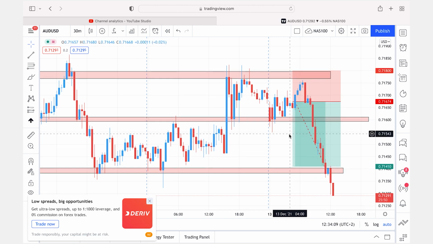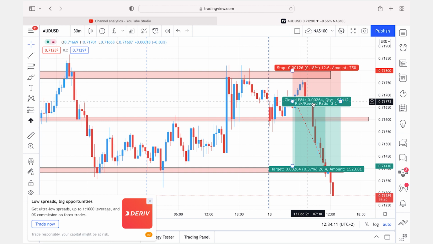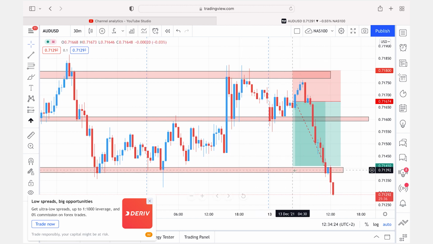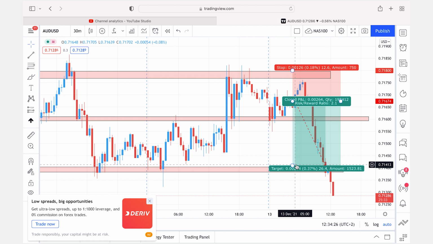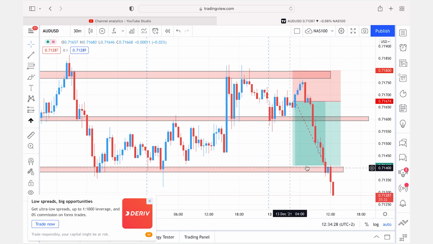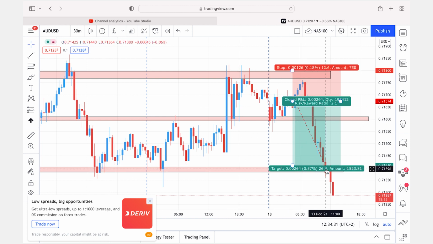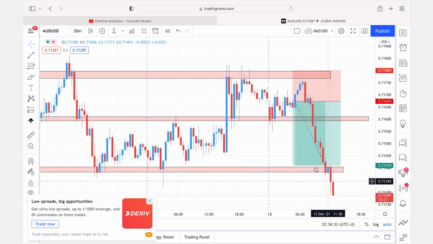I think I opened like 3 trades. So the first one I closed on this support, then the market did break this support, and then I continued holding my other 2 trades, and the market continued going to the downside up until this support. This was my last TP, and it means that all my TPs are triggered.